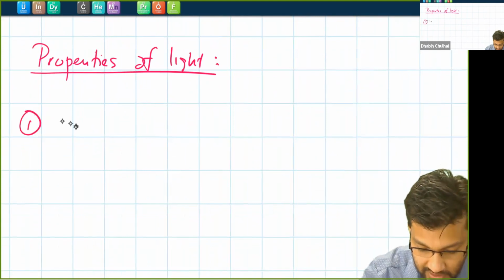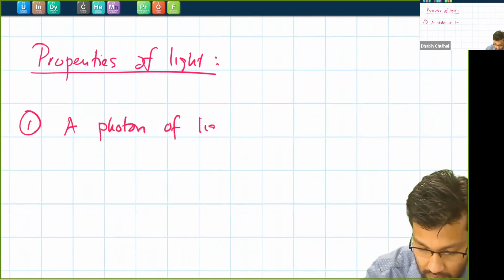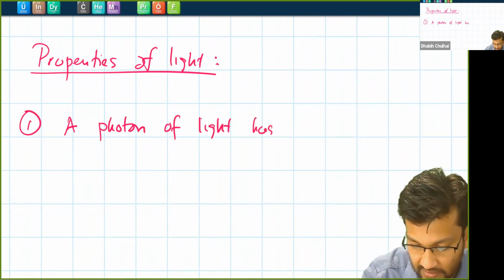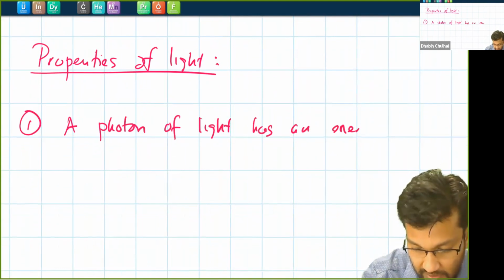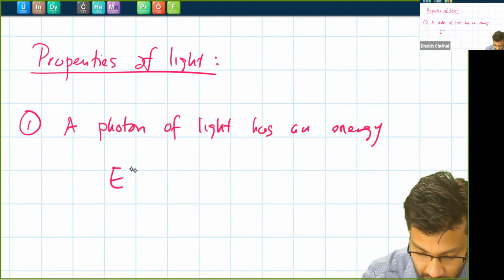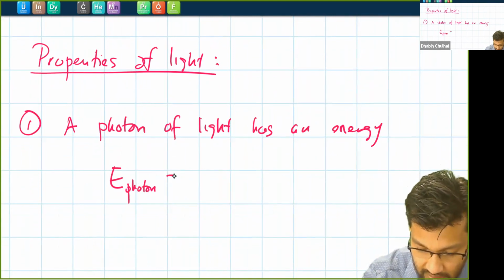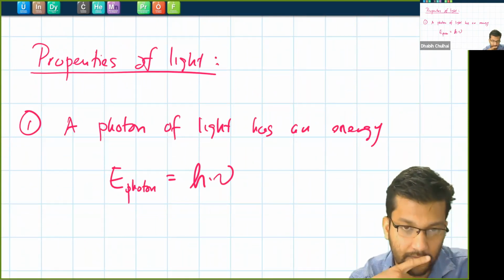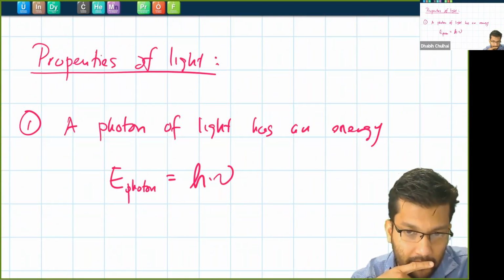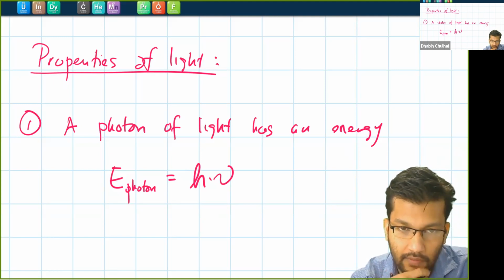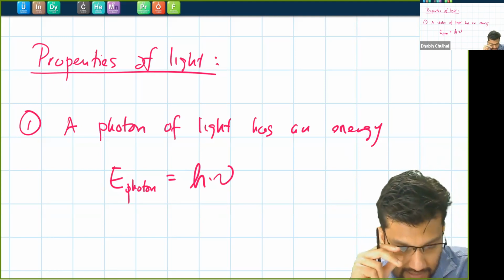So the first one is a photon of light has an energy. We talked about this, right? The energy of a photon is Planck's constant times the frequency, E is equal to h nu. So we have to remember that. Photon of light has an energy.